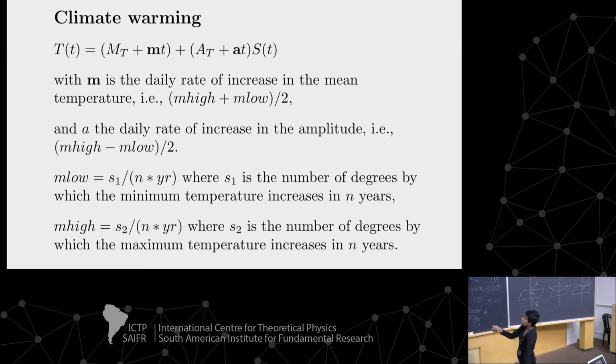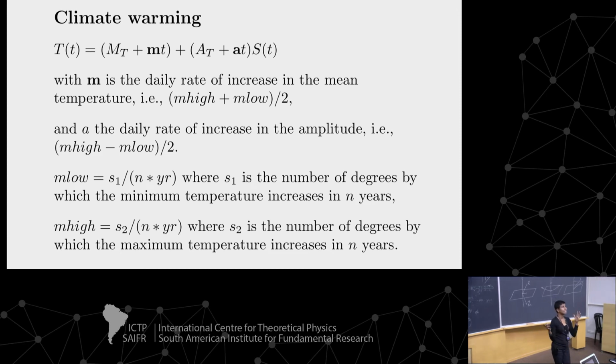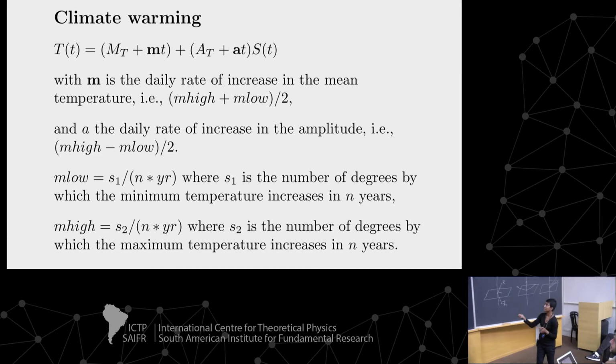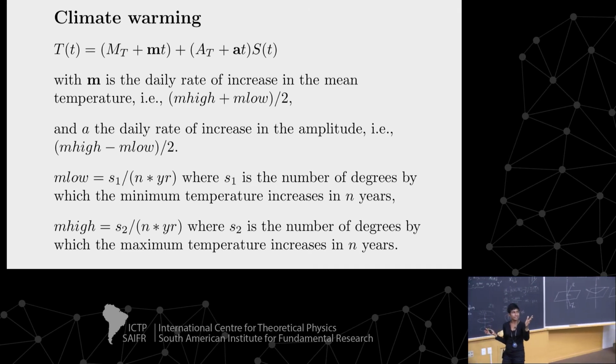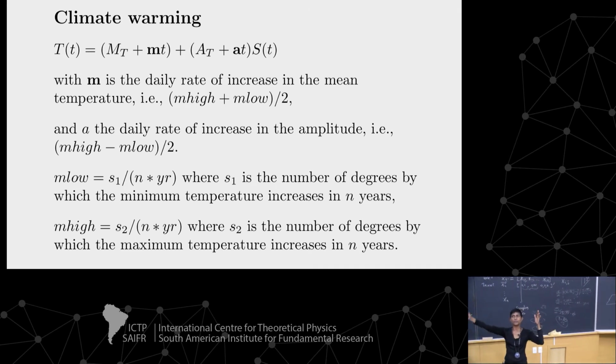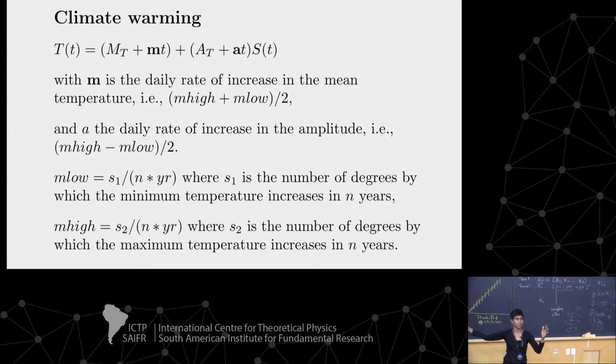So then M low is the new low, the new T min, which is given by this function where S1 is the number of degrees by which the minimum temperature increases in some n years. That's where you have the flexibility to define your climate warming scenario and the time horizon over which you want to make a prediction, right?